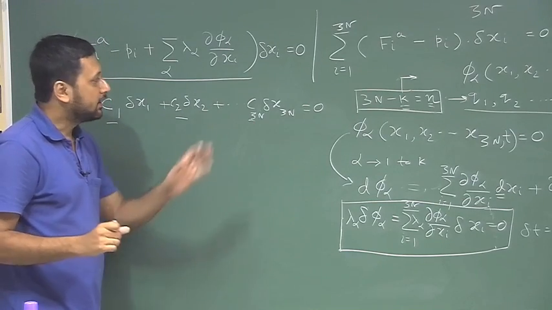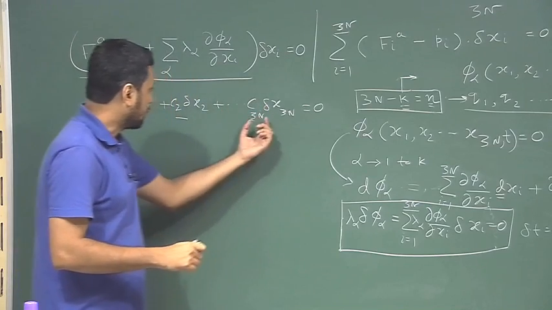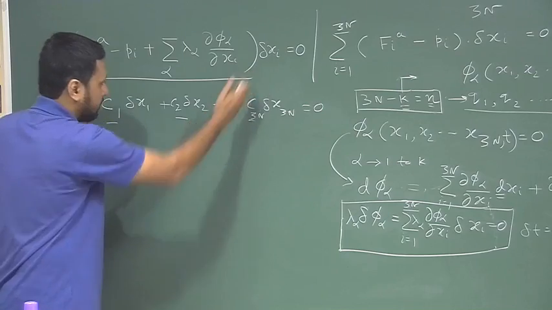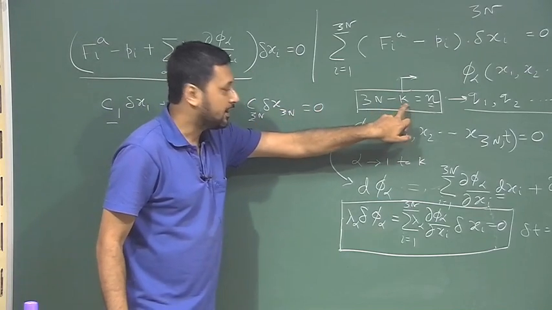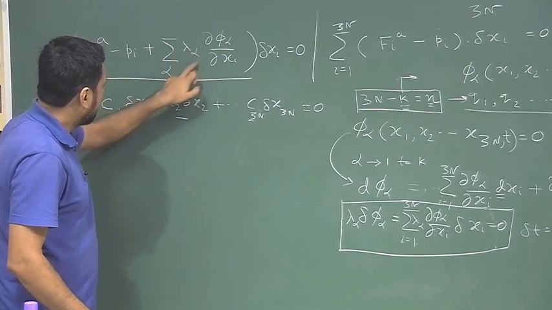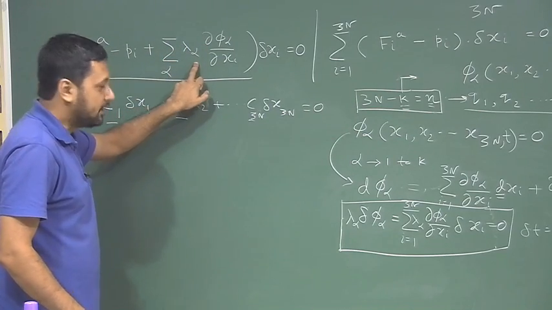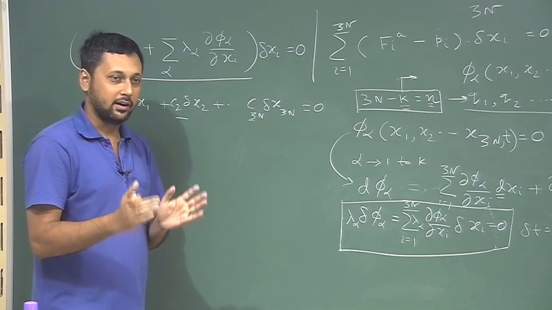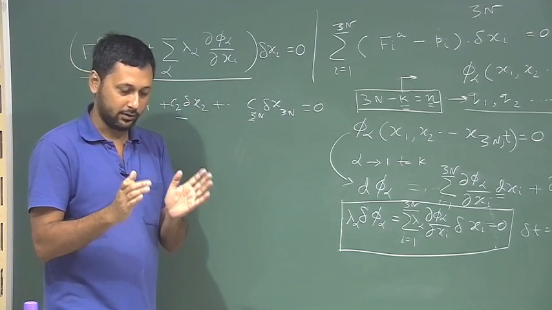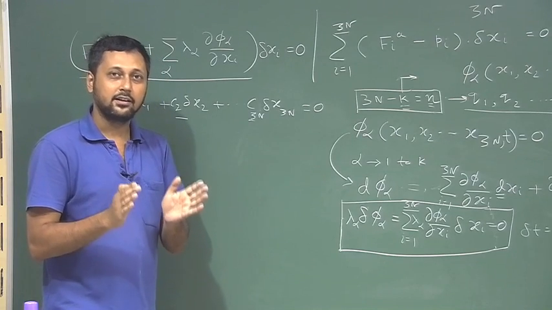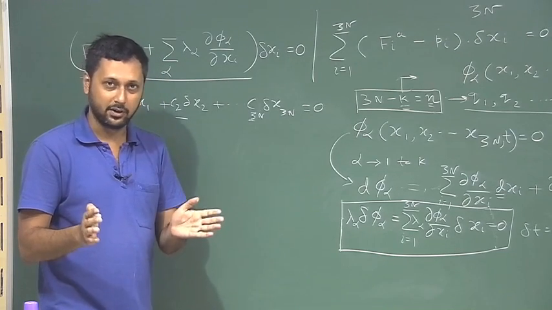Out of that total number of coefficients which have this particular form, we are making k number of coefficients equal to 0 by adjusting this arbitrary constant, and the rest are independent because they match exactly the number of independent parameters or independent coordinates.